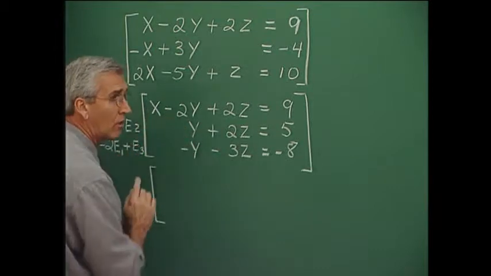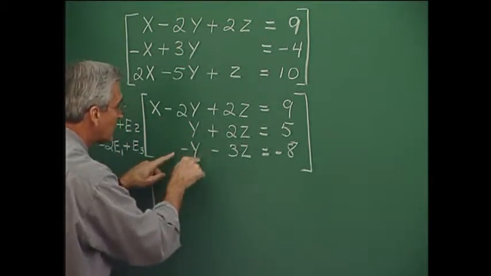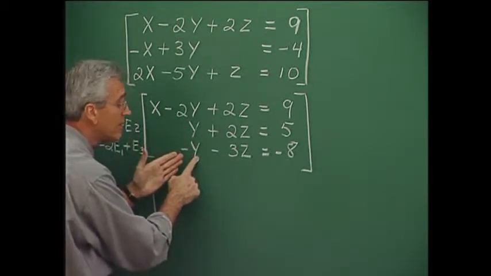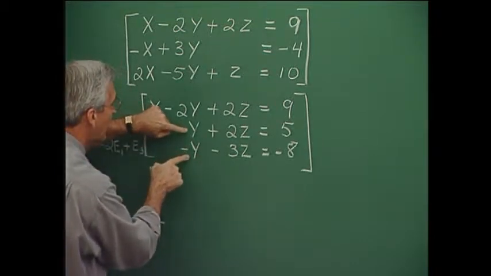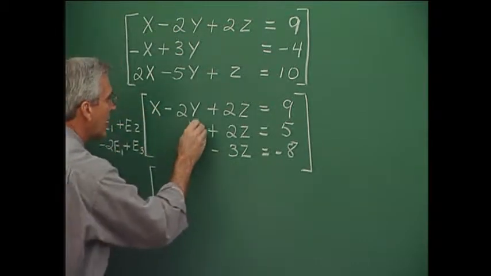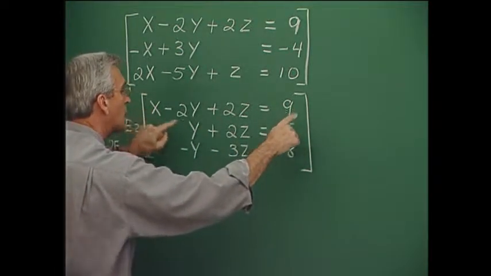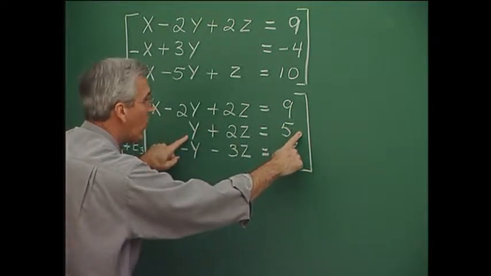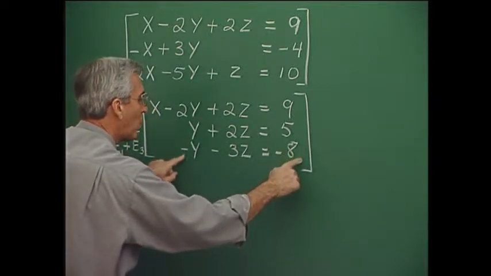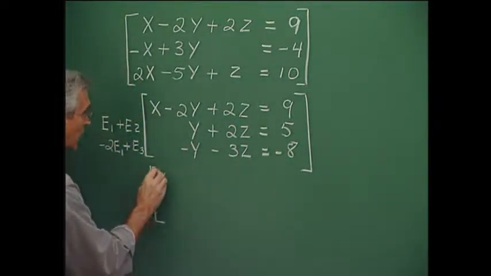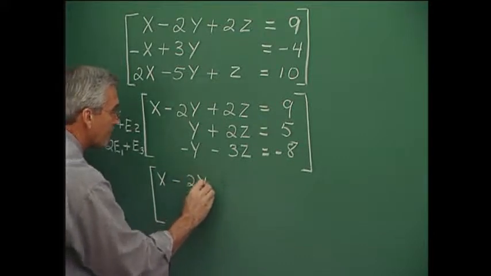The next order of business is to accomplish a 0, or a vacancy, for this entry. We can do that by adding these two, but let's not get ahead of ourselves. We need to write these two equations down. This one is in the form that we want, and this one is also in the form that we want. So we're going to be working on equation number 3. We'll take equation 1 and just bring it down.